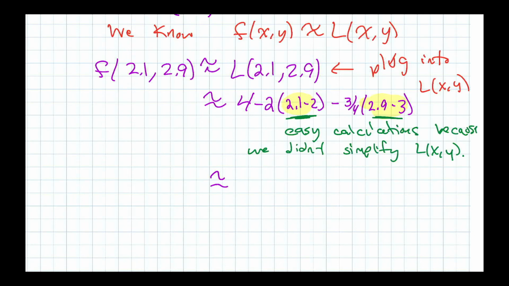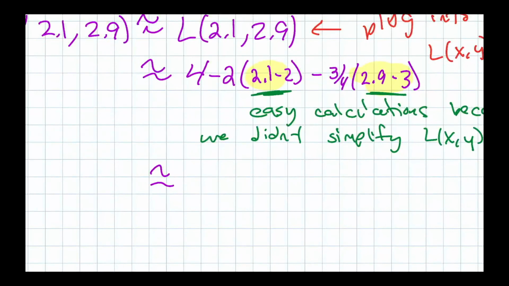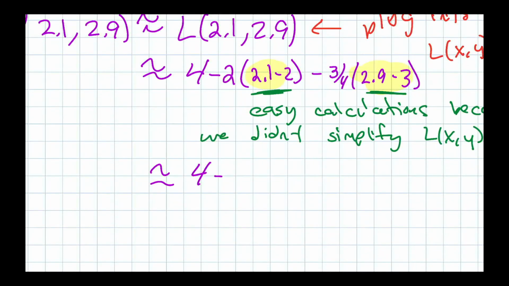I'm not even using a calculator at this point yet. So I have 4 minus 2 times 0.1 minus 3/4, which I'll write as 0.75, times 2.9 minus 3, which is negative 0.1.